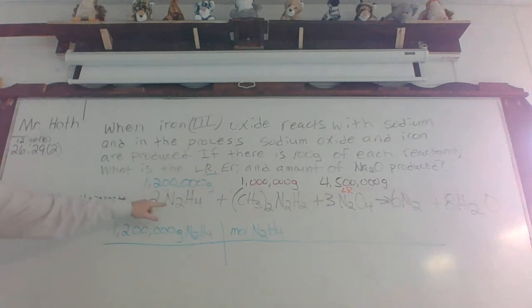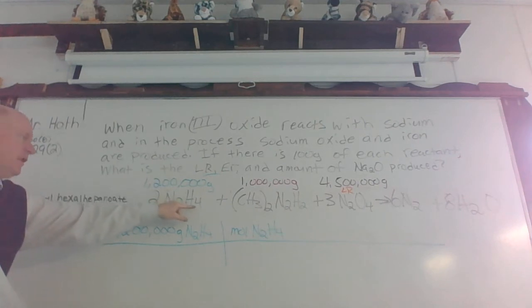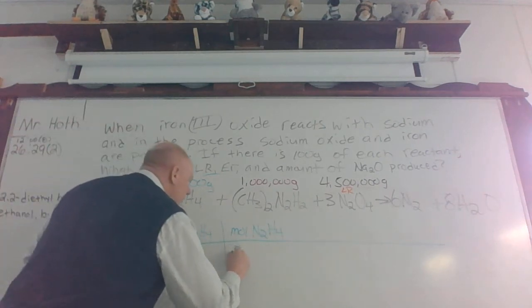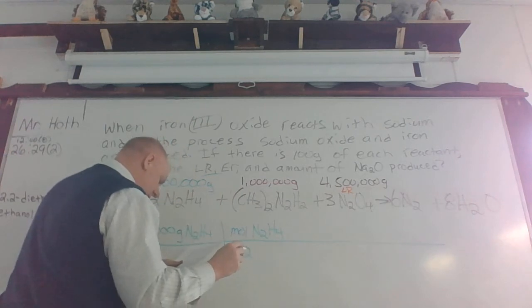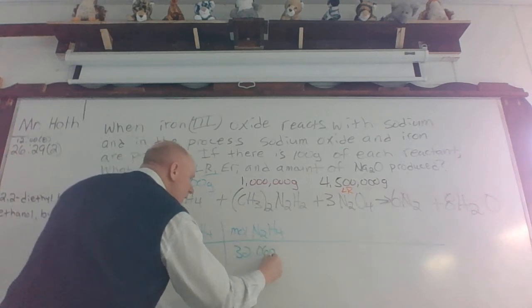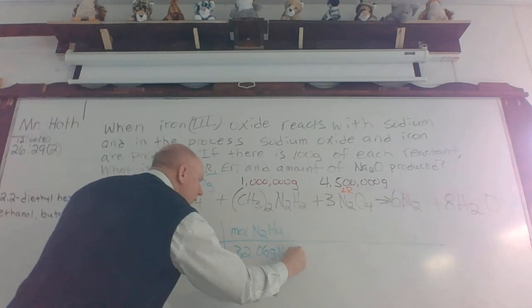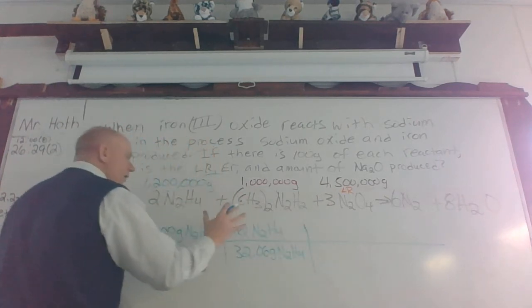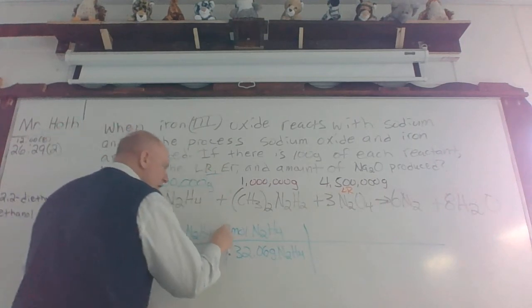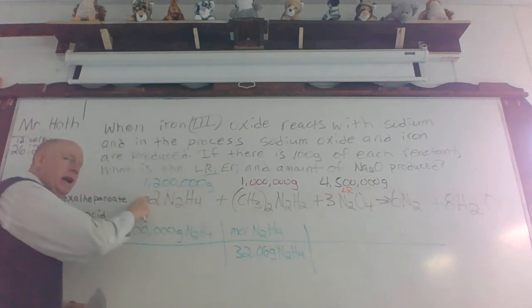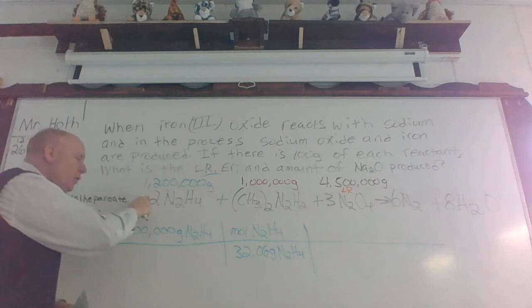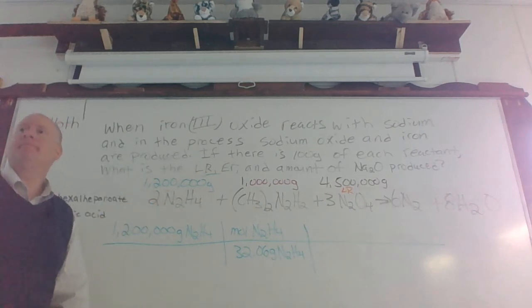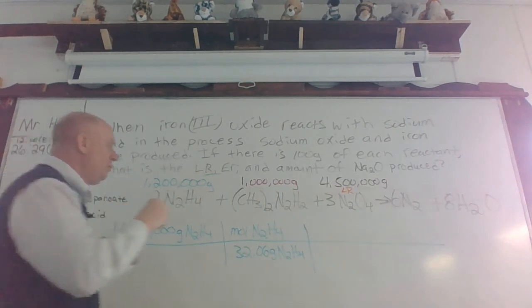Okay, so 14 for every nitrogen times 2 is 28, plus 1.01 times 4 gives you 32.06 grams. Okay, so do we need to put a 2 here for this balanced reaction? No, we do not. Why not? It's not a mole to mole ratio yet.